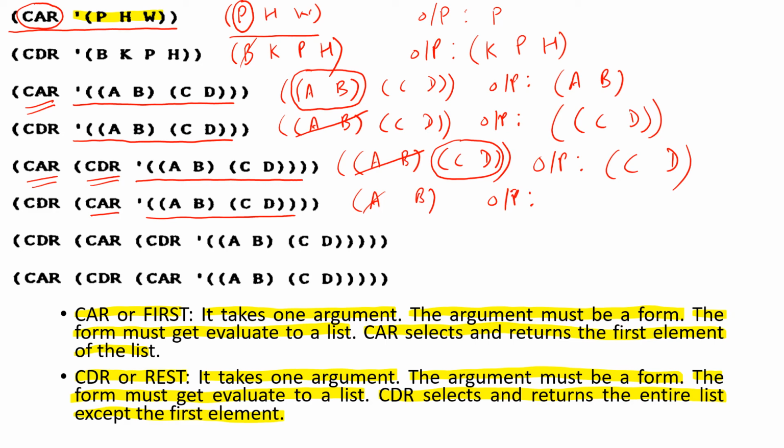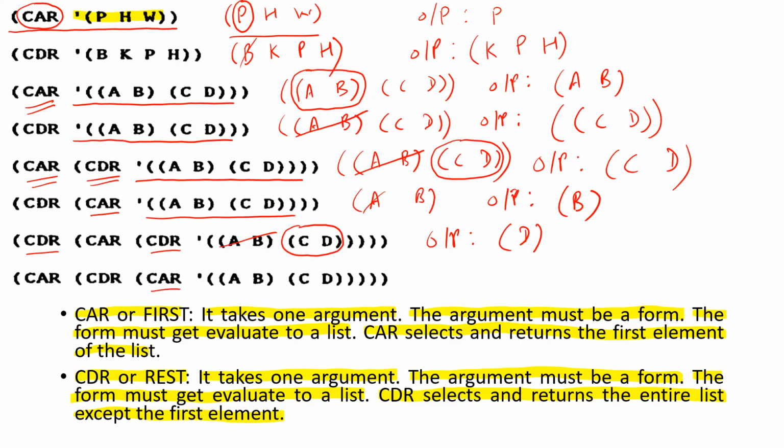So what we get is a list which contains B. Next case, a CDR on this list will discard the first element. A CAR on that will select the first element of the list, and a CDR on that will give you a list which contains D.